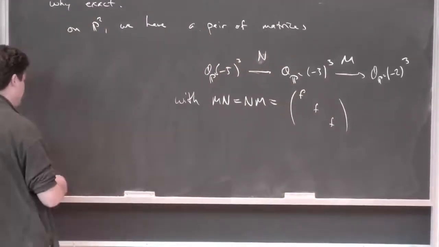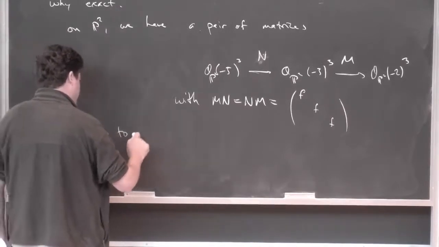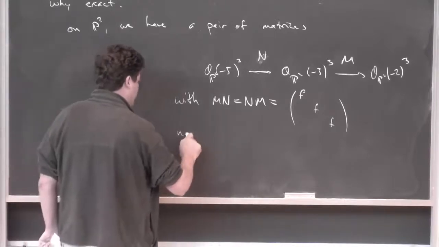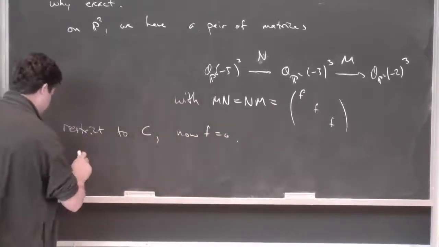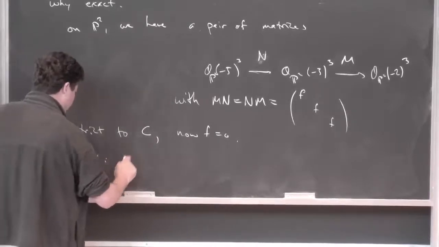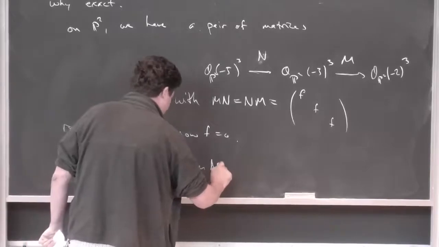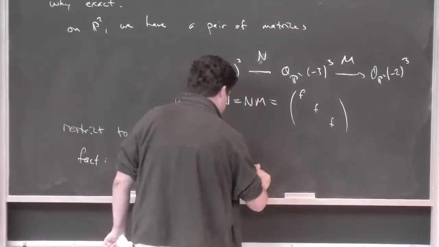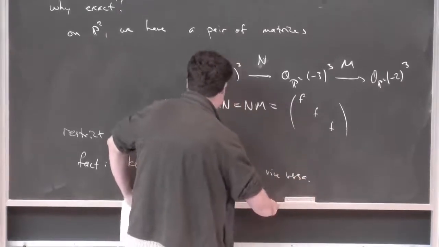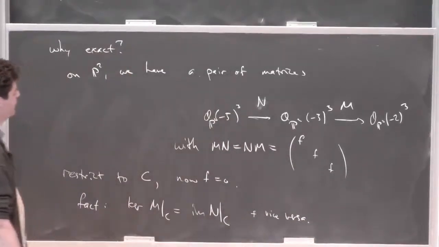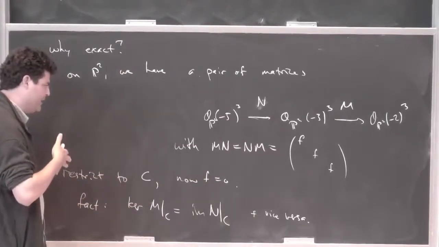And so you want to restrict to C, and now f equals 0. The fact is that the kernel of M restricted to C is the image of N restricted to C, and vice versa. This is the same argument that I went through, where you take a column vector and lift it to the big ring.